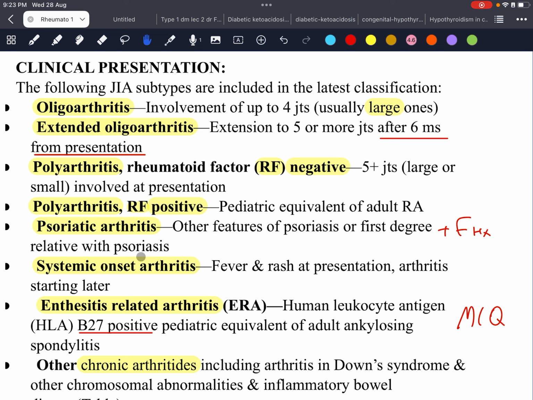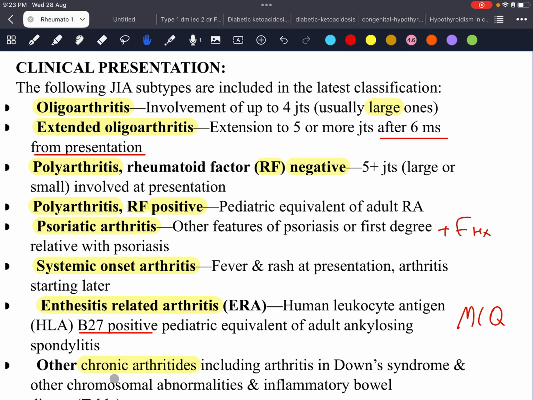Enthesitis-related arthritis affects males more than females, and it is related to specific genotypes, or to human leukocyte antigen B27. It includes types like ankylosing spondylitis, juvenile ankylosing spondylitis, psoriatic form, reactive arthritis, and others, with a relation to inflammatory bowel diseases.